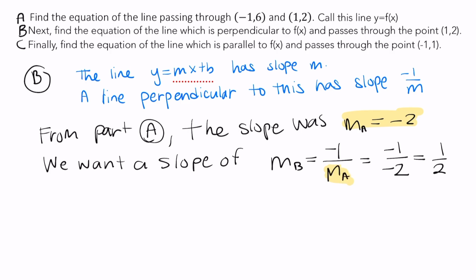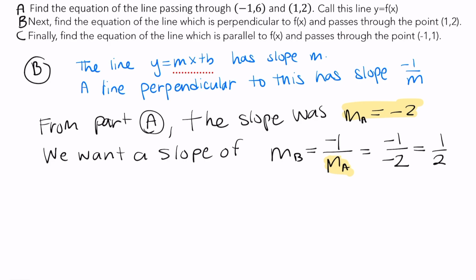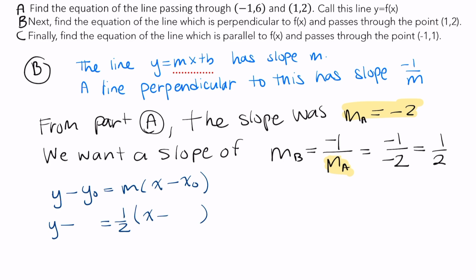So now we're going to use that same point-slope form of a linear equation. That's y minus y naught equals m times x minus x naught. This will be relevant to the class activity we would have done in class that I'm going to hand out. Okay, so now I know I have y minus something equals 1/2 times x minus something.